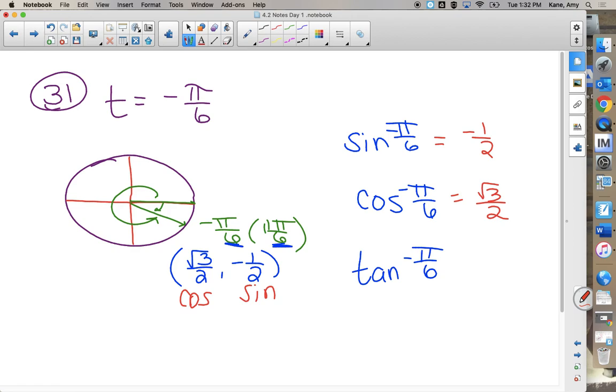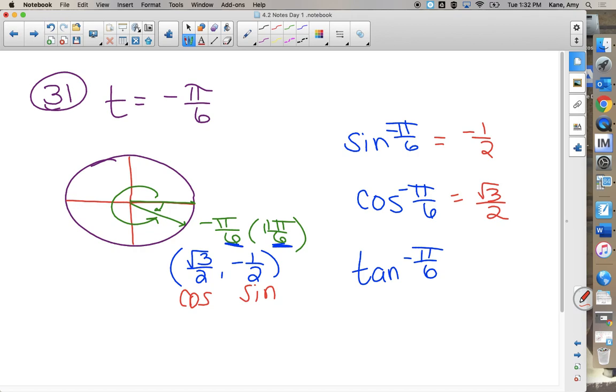It's sine t over cosine t. So if I have the sine and the cosine, I can take those two numbers and divide them.